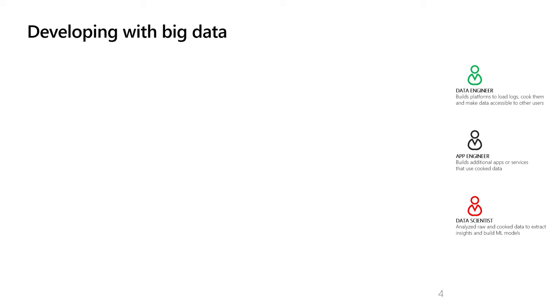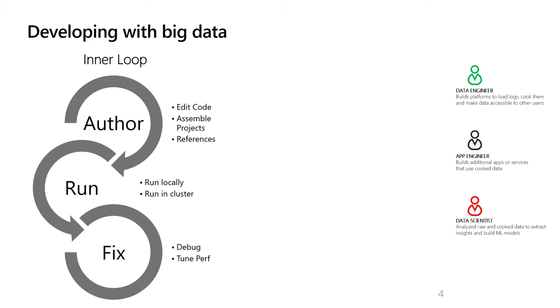So we think about an inner loop of authoring, running, and fixing code, and the specific experiences you need to enable that. Whether it's on SQL data warehouse or a Spark cluster, there are specific requirements around being able to run these workloads in the final distributed platform, but also run them locally and debug and find out what's going on on your local machine.